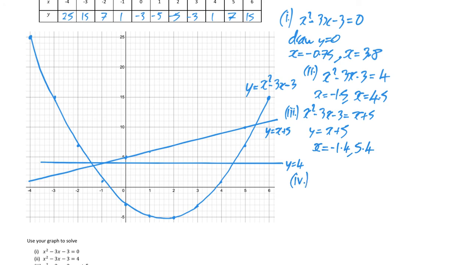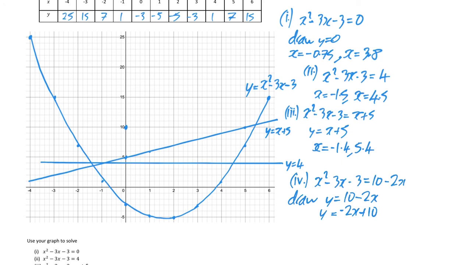Okay, part 4, we had to do x squared minus 3x minus 3 is equal to 10 minus 2x. So tricky one here. What we have to do is draw y is equal to 10 minus 2x, which is the same as minus 2x plus 10. So that's got an intercept of 10 and a gradient of minus 2.